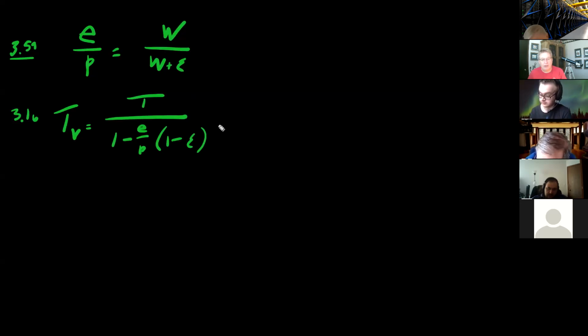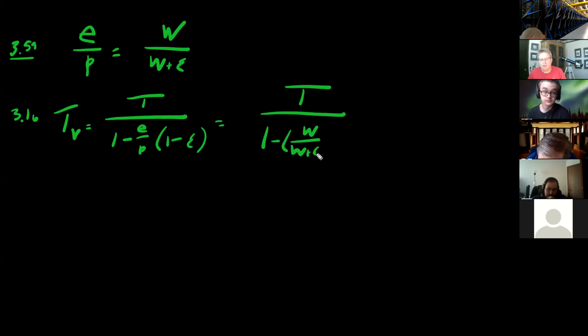And we're like, oh, well, that's easy enough to substitute in there. We go T all over 1 minus W over W plus epsilon times 1 minus epsilon. And then what do you do on this?